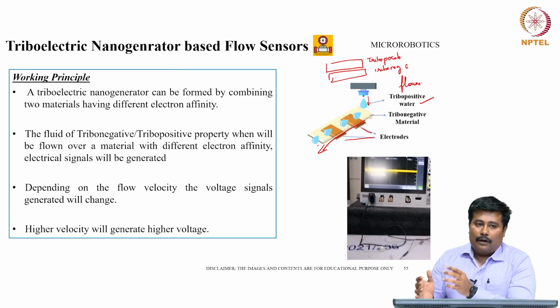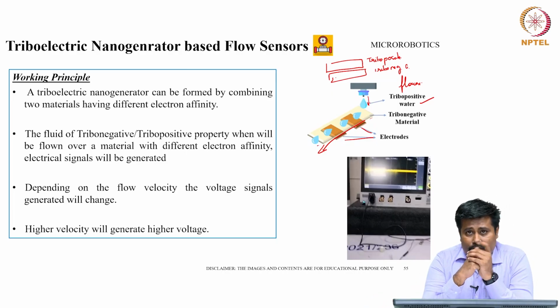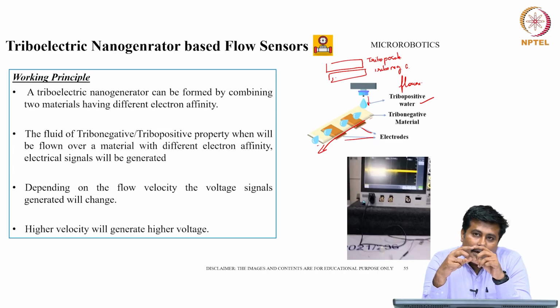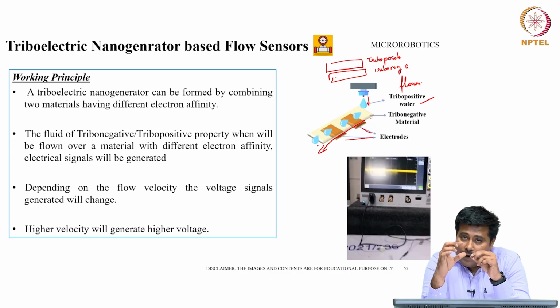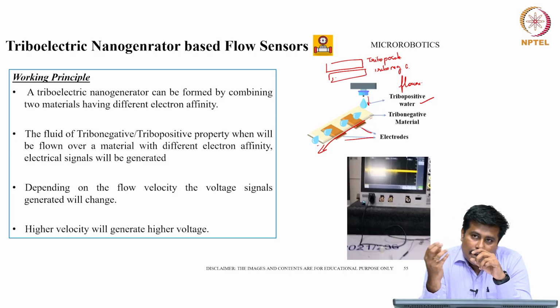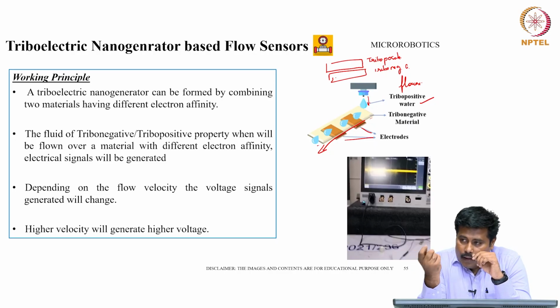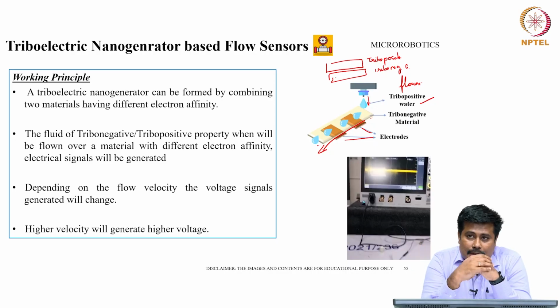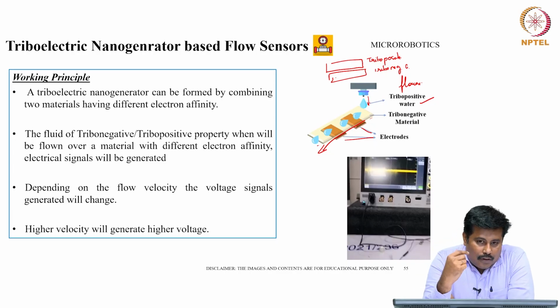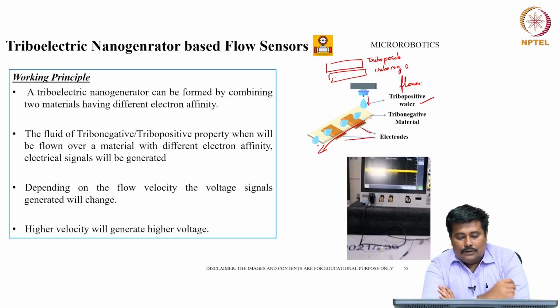The interesting part of this triboelectric nano generator based flow sensor is that it can be integrated at a minimal level, so that when the water, which carries a positive charge, flows and hits the triboelectric material, we can see a change in its overall characteristics. Based on the change in the characteristics, we can study the overall flow rate.